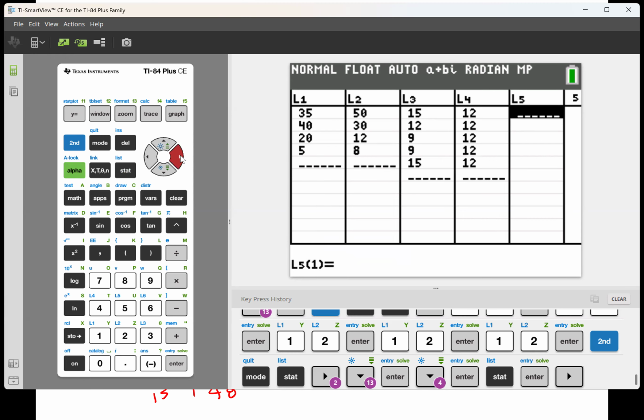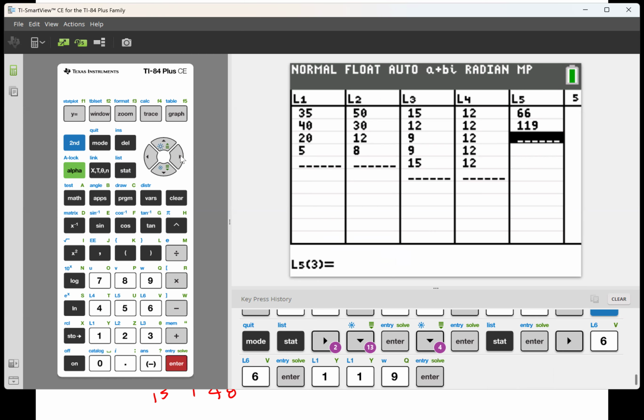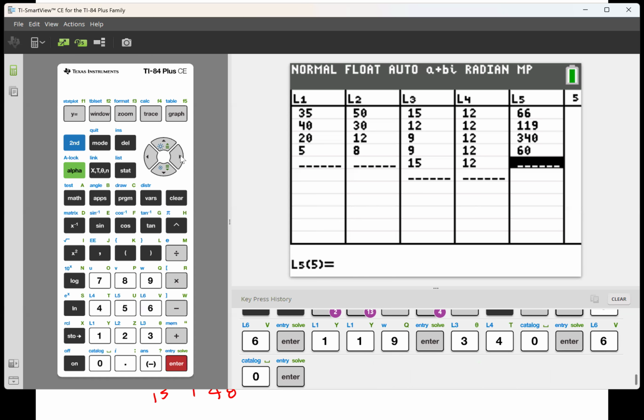So I'm going to put my observed, which was 66, 119, 340, and 60, and 15. That's what I observed.